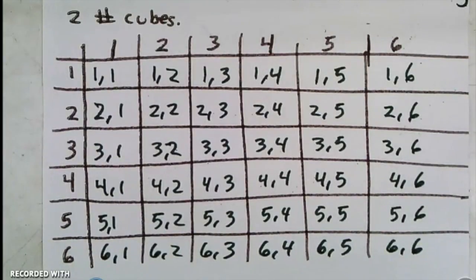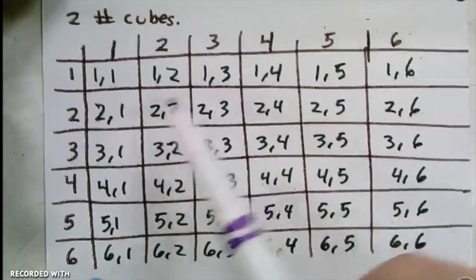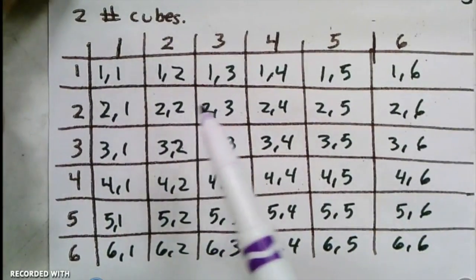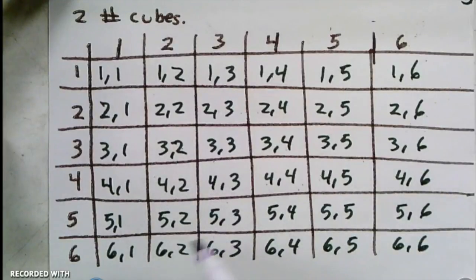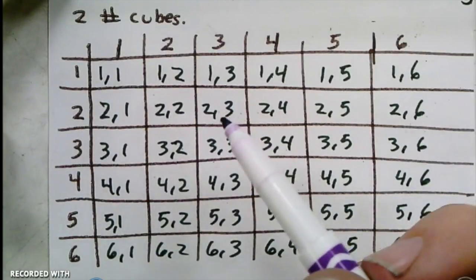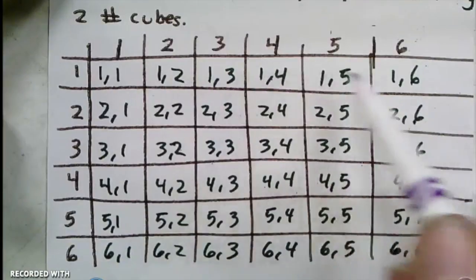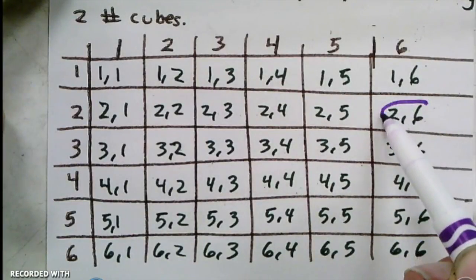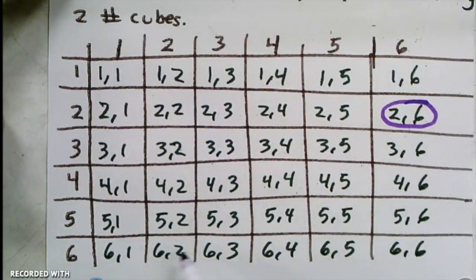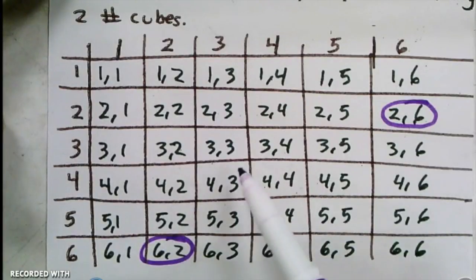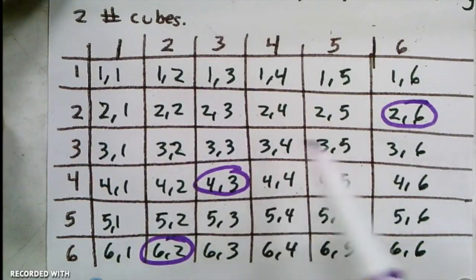Mark them. So 1 times 1 is 1. That's not 12. I know my factors of 12, right? So this is nice and easy. I can look for 2 times 6 is going to be a product of 12. 6 times 2. 4 times 3.